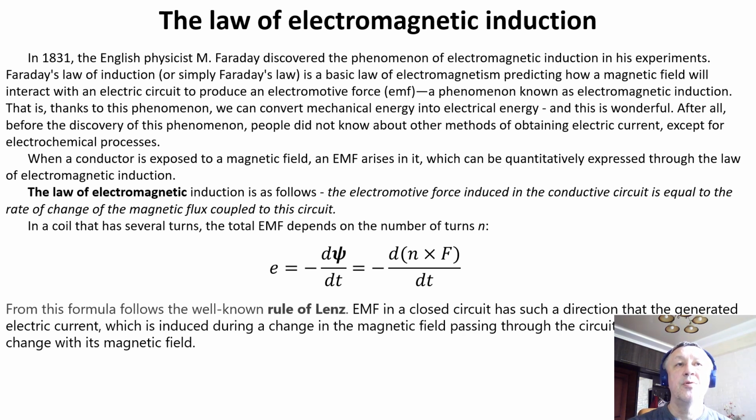In a coil that has several turns, the total EMF depends on the number of turns, as shown in this formula on our slide. From this formula follows the well-known rule of Lenz.